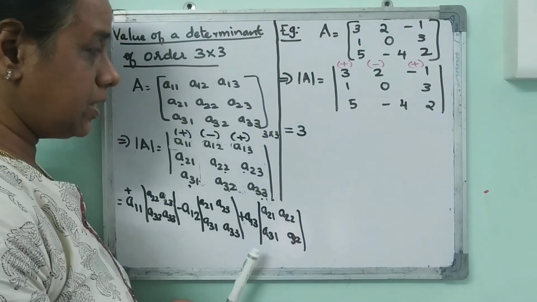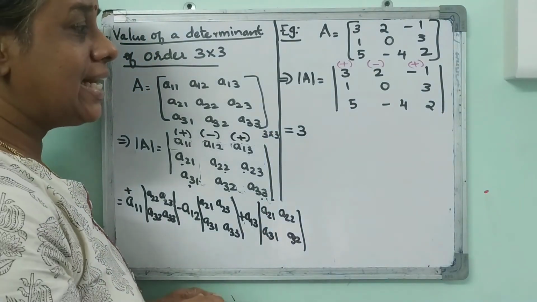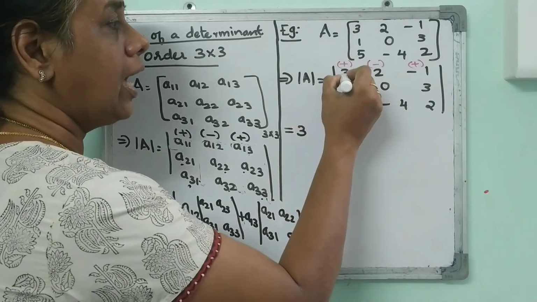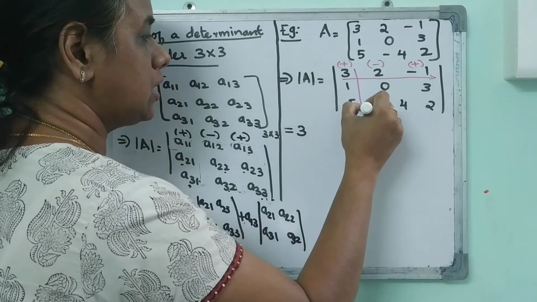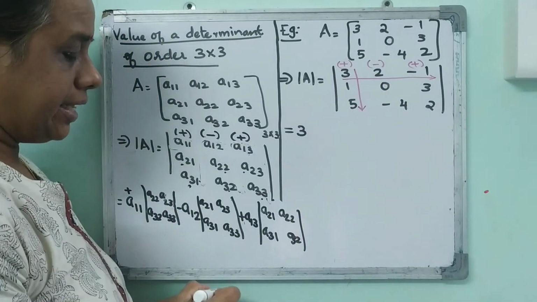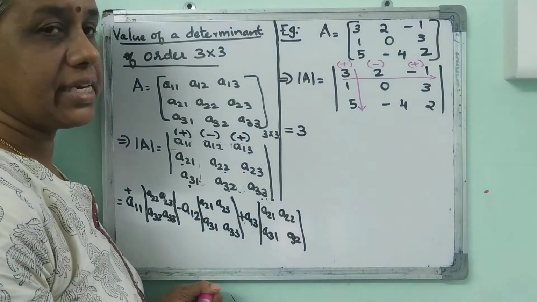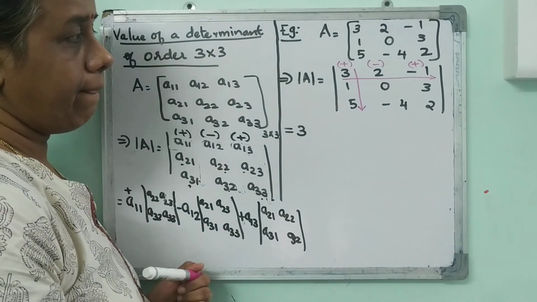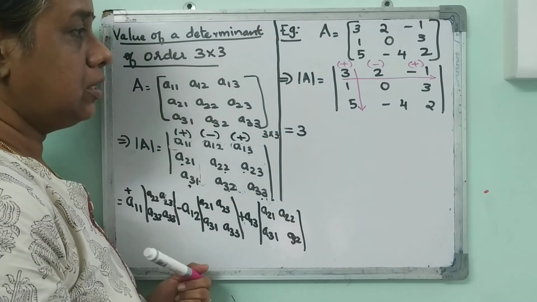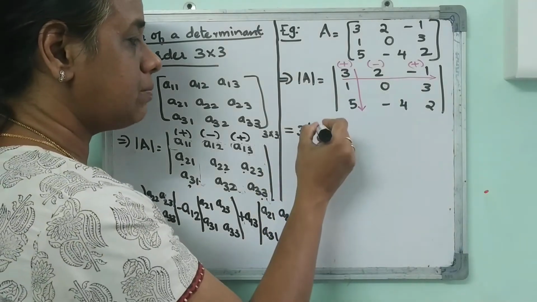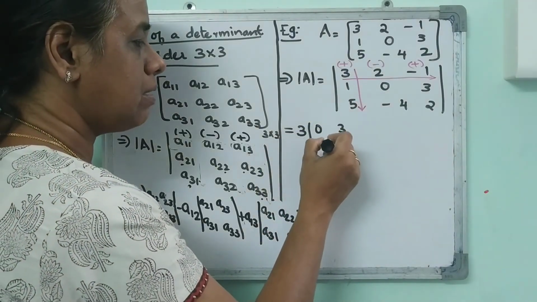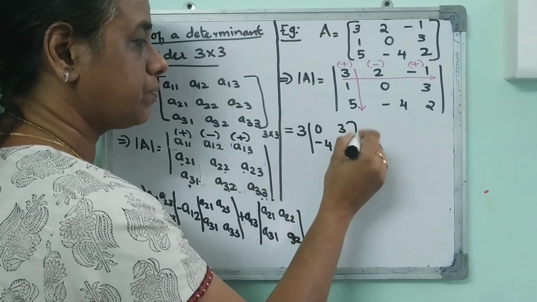What is the process to be done? You have to delete the row and column in which that element lies. So that is cut off. So what you get as a remaining determinant? The remaining determinant will be 0, 3, then minus 4, 2.